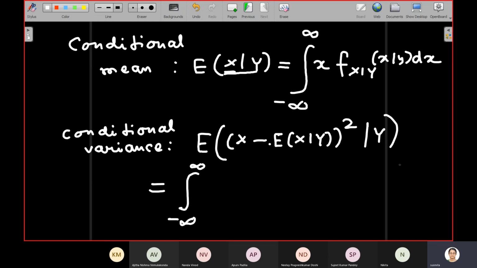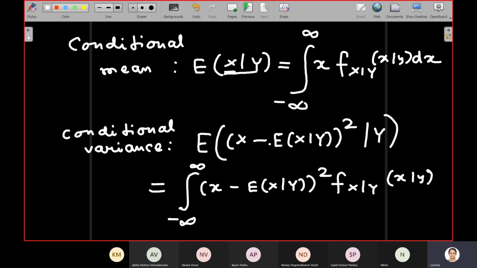Whatever we did for a given random variable to calculate the mean and variance, we are doing that, but with the conditional PDF.